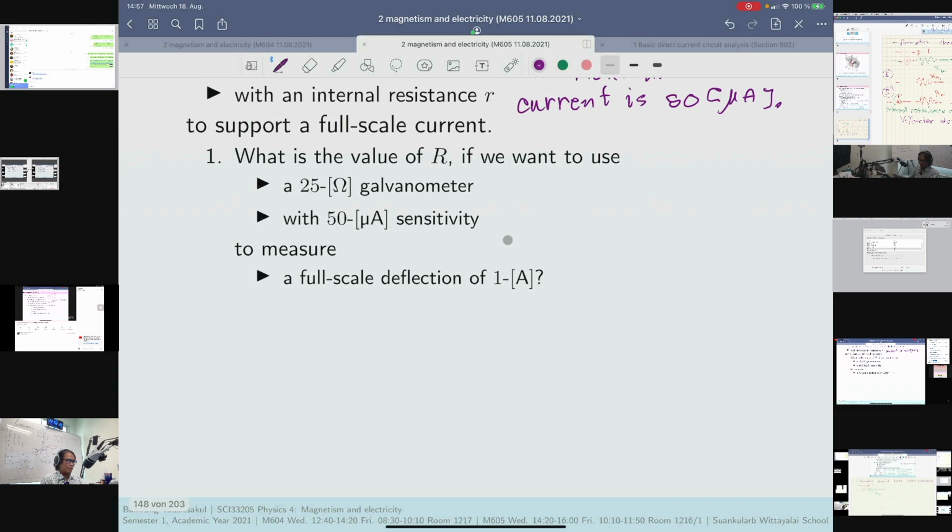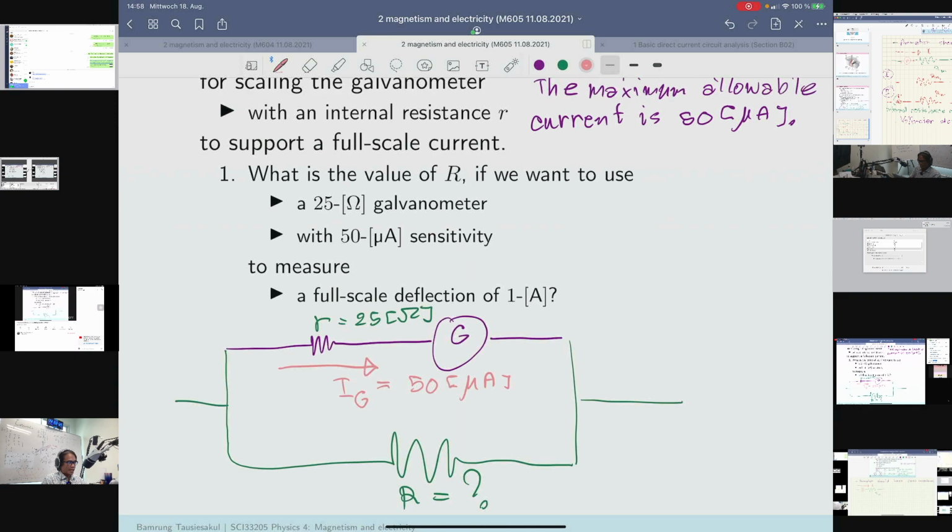And the maximum allowable current of the galvanometer is 50 microamperes. We write down here, let's say this is IG, it's not Instagram, IG is 50 microampere. That's the maximum amount of current that can flow through the galvanometer. If you let the current flow like 40 microampere, it's okay.